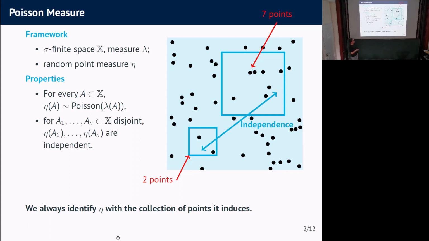The spatial independence is quite important, in that if you have disjoint subsets, what happens in these subsets is completely independent. Right, okay, so this is going to be the fundamental object of everything we're going to deal with, and a Poisson functional is now just a function of a Poisson random measure.